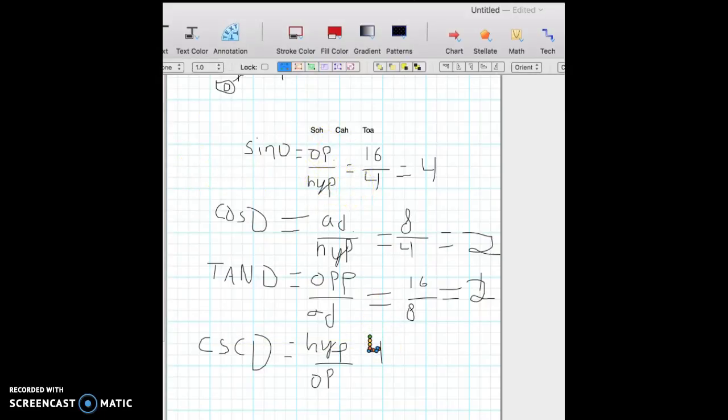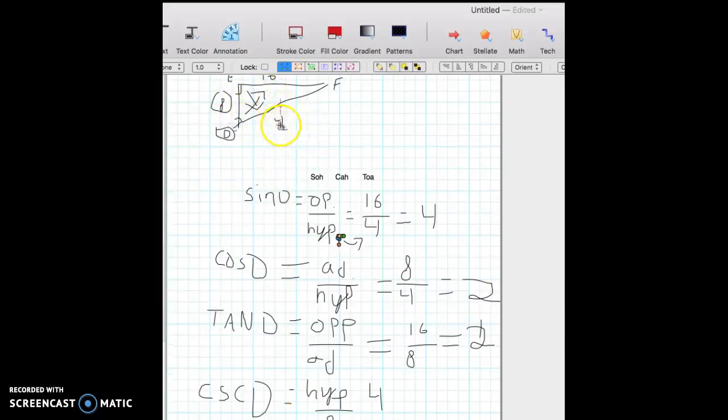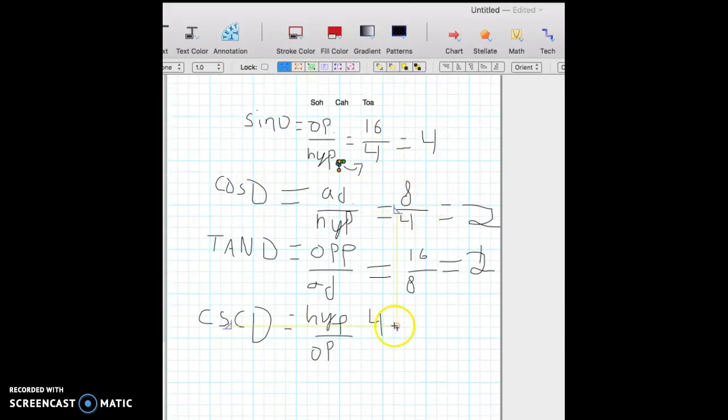Knowing that our hypotenuse is 4, we can see right here and up here, our hypotenuse is 4, the line across from the 90-degree angle, and our opposite is 16, as you can see right here. So we're just flipping it. It's going to leave us with cosecant of 1/4.